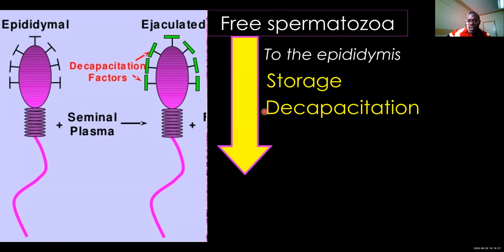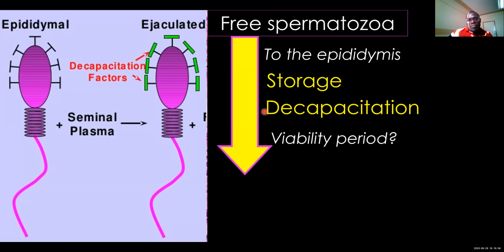after storage and decapacitation, I've already told you that they can be stored for about 2 to 3 months and they remain viable in the male reproductive tract. This is different from viability within the female reproductive tract.